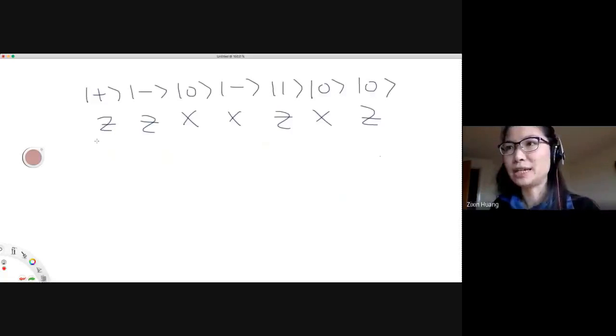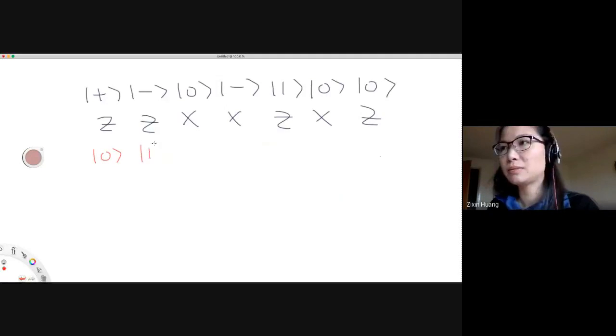So Eve has measured in Z. So if Alice prepared a plus, then the measurement outcome of Eve might just be a 0 because that's the basis that she measured in. So remember, if she measures in Z, then she'll either get a 0 or 1 randomly. So Alice has prepared in 0, but Eve has measured in the wrong basis here. So she'll either end up with a plus or a minus. Let's just go plus.